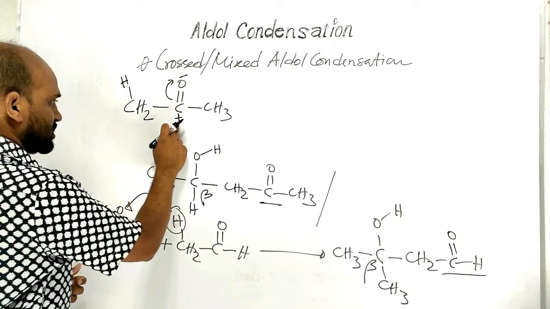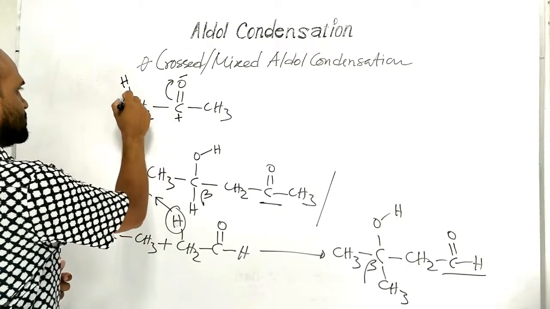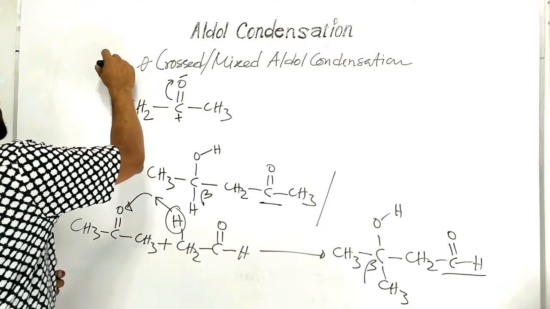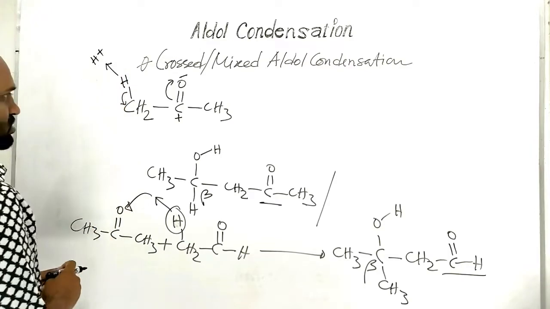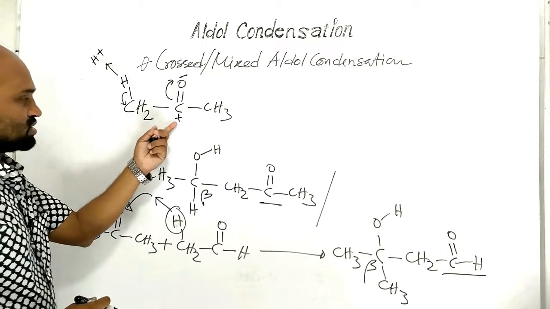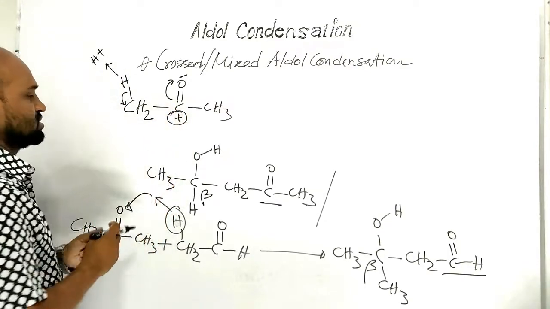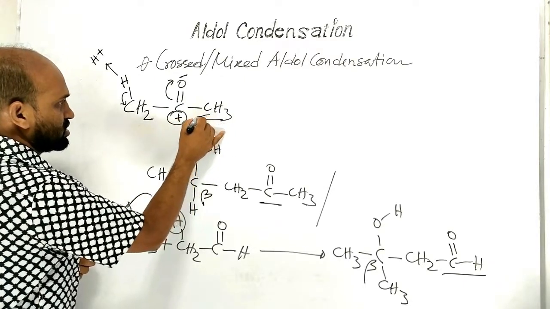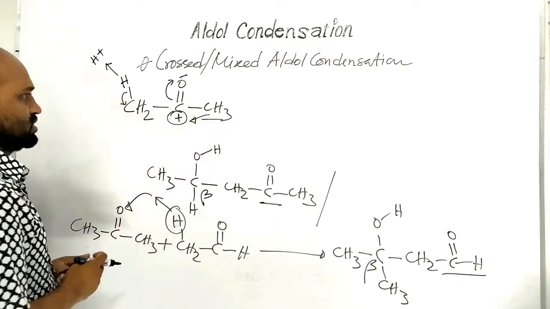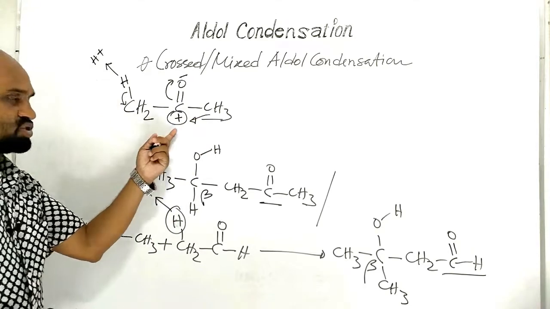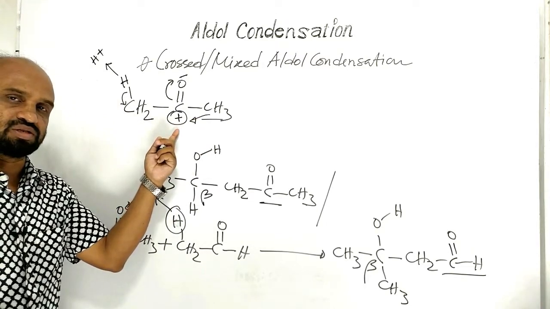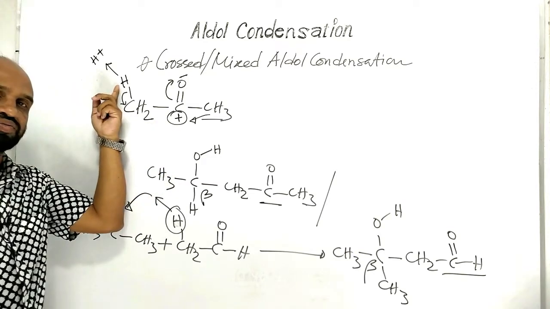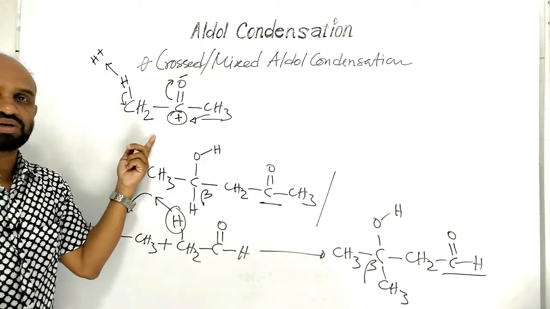Because of this positive charge, these electrons come here and this hydrogen is freed as a proton. But this positive charge is decreased because of this methyl group, which is an electron donating group.